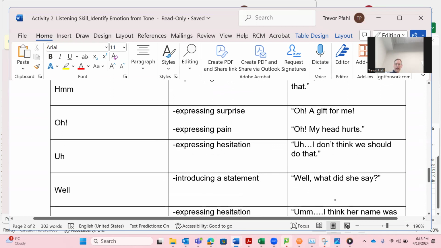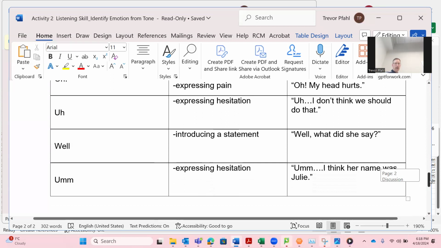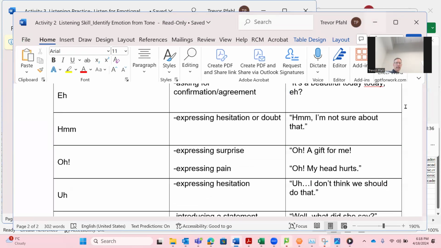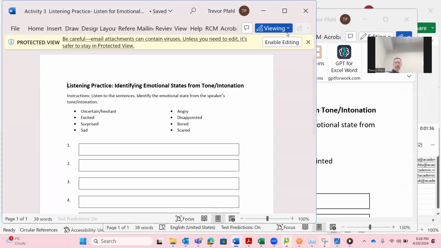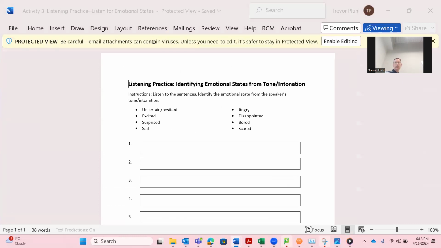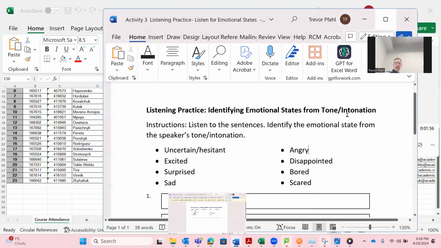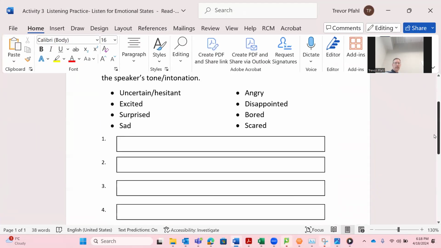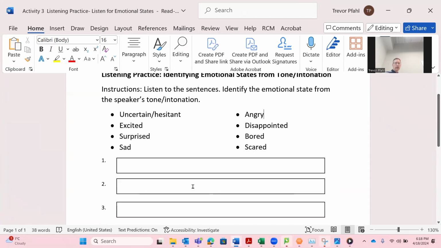So with the chart that you guys did, what were the answers that you had for these conversations? I didn't mark them, I just looked at some of you who sent them to me by email.